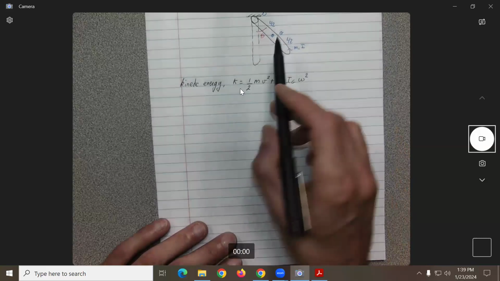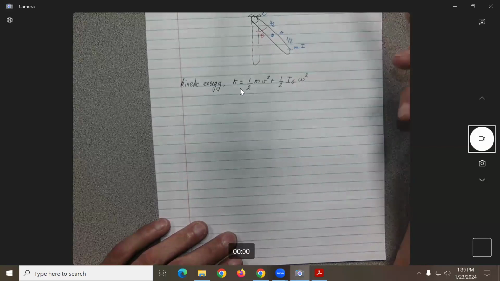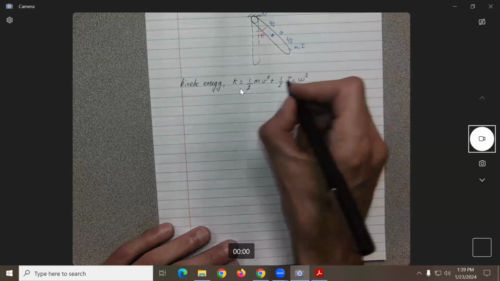Again, this will be H, there will be no change, no? It will be mg L over 2, 1 minus cosine theta, as before.